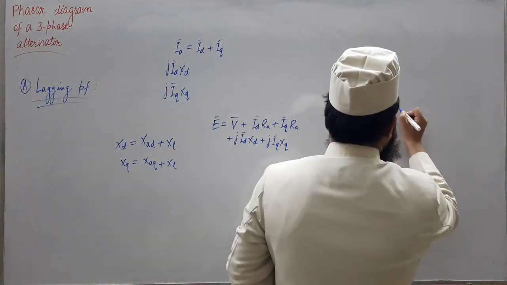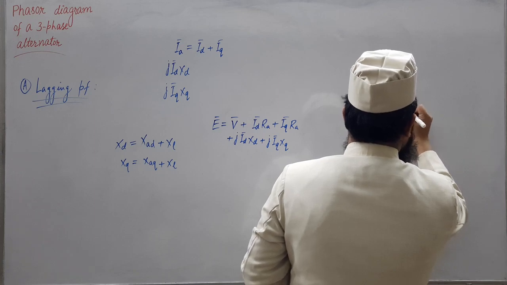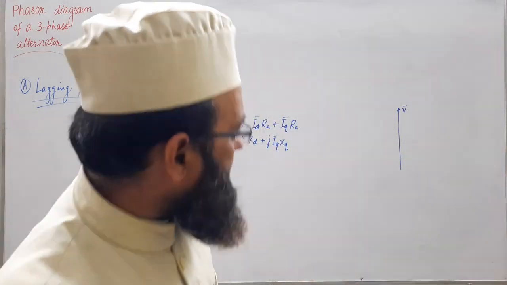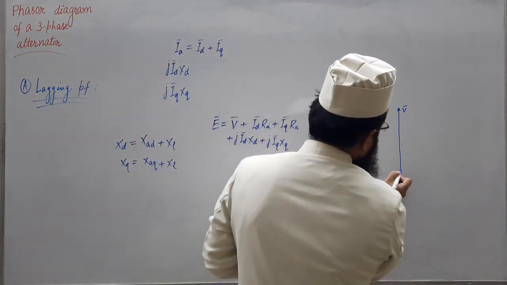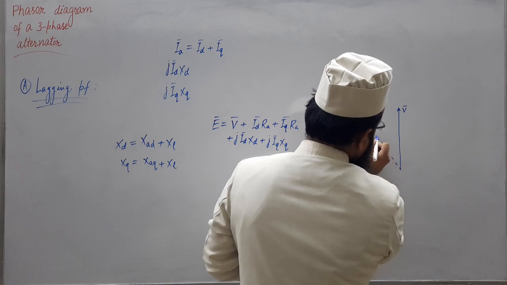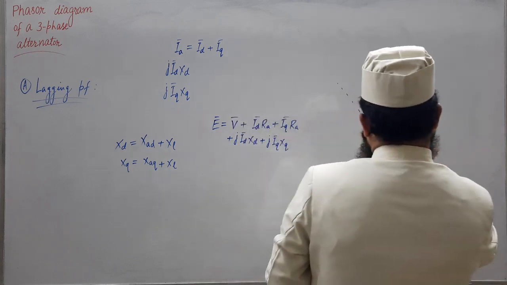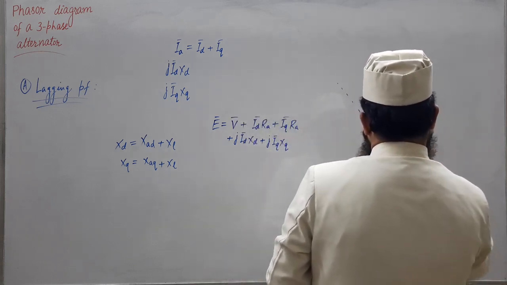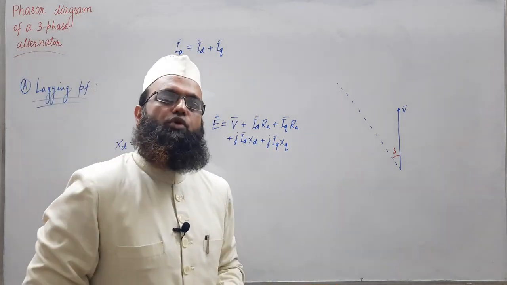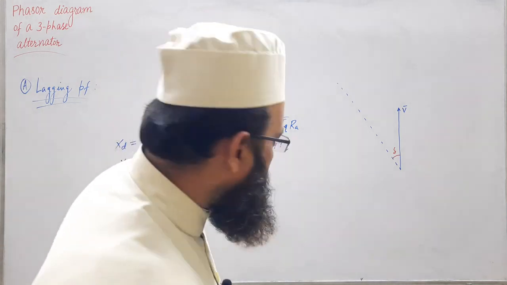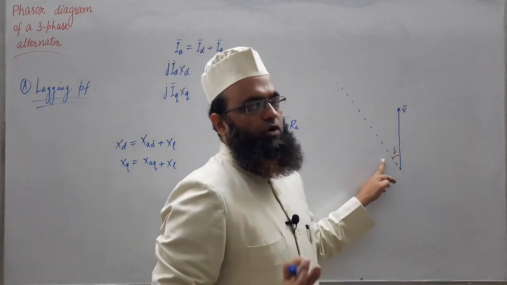As usual, let us take the reference as the V phasor, then draw the Q axis at an angle of delta, where delta is the power angle or load angle. Delta is required to be known here. If not known, we have an alternative which we will discuss later. So assume that delta is known.